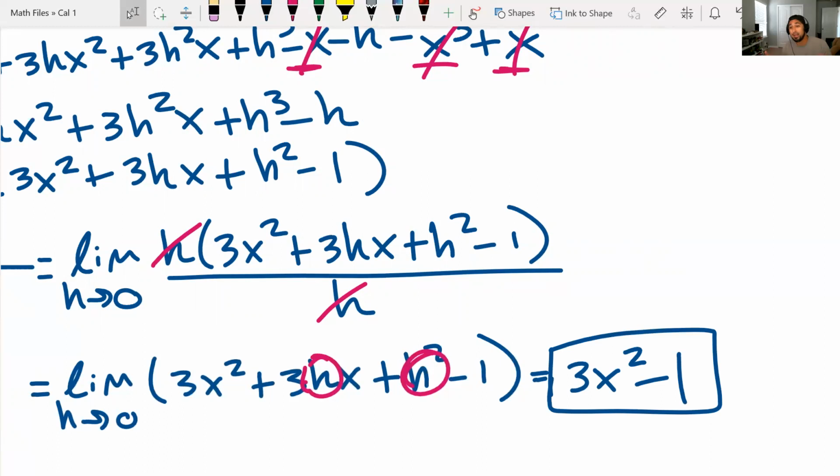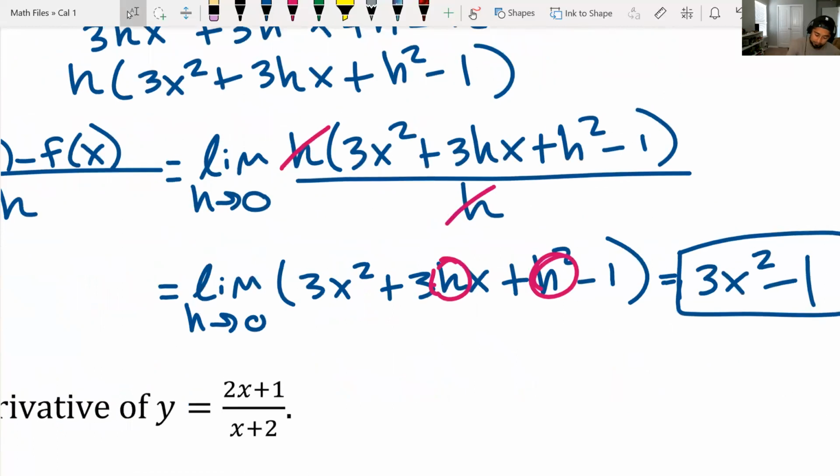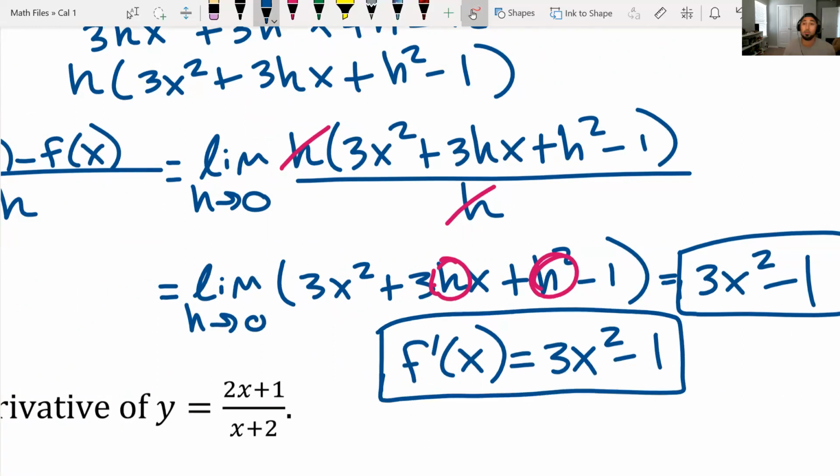And now let's state it as the derivative. We are going to say, for our final answer, f prime of x, the derivative, is 3x squared minus 1. There we go. Awesome.